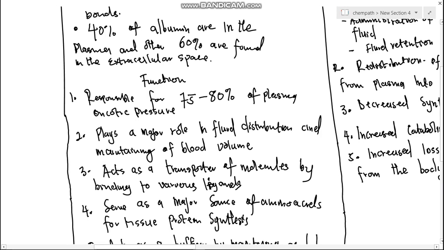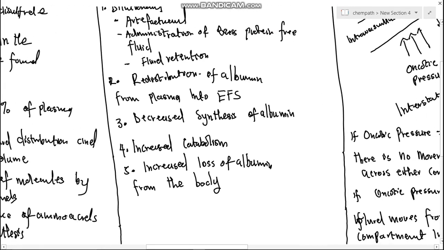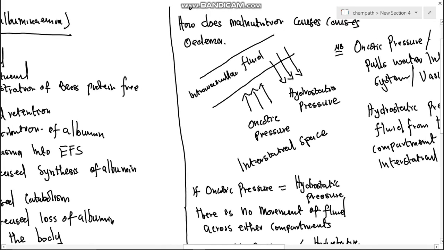Another function of albumin is that it plays a major role in fluid distribution and maintaining blood volume. It also boils down to this same phenomenon. Albumin is responsible for the regulation of fluid within the body fluid compartments.